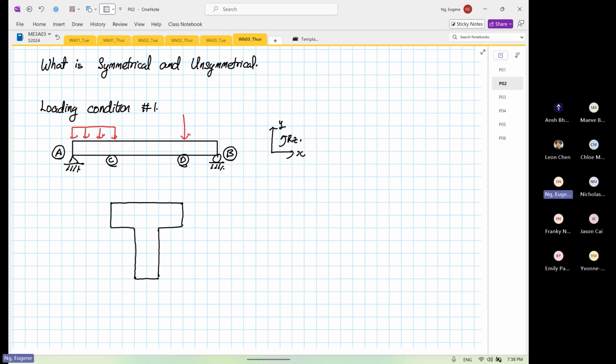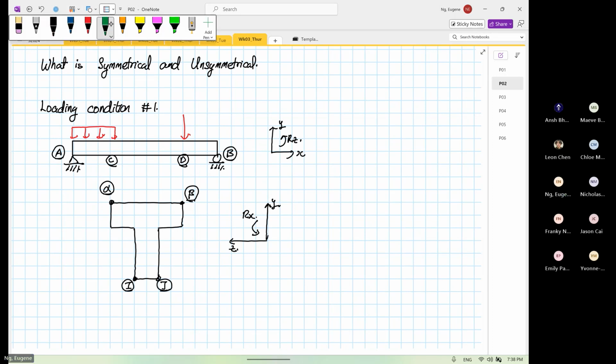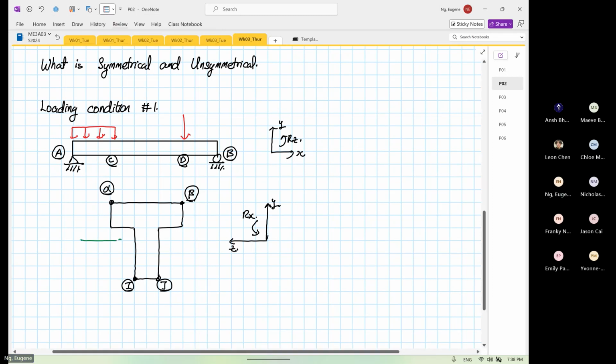And if you ask me, Eugene, how does this transformation look like? Now this is Y, and then this is Z, and then we have our rotation about X. Okay, and then I'm going to call this point alpha. Over here is beta, and over here I call I, and over here I call J. Okay, and this is the geometric centroid.